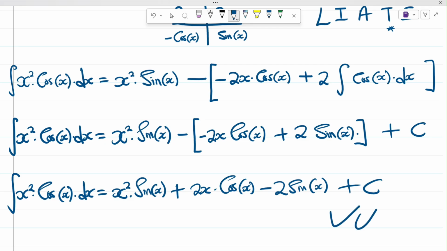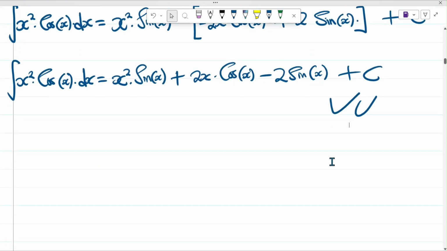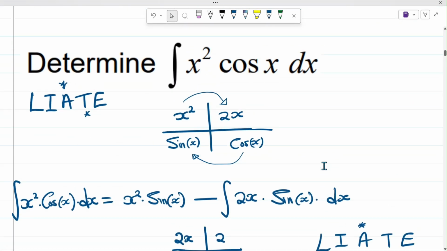Then ta-da, you're done. You got your answer. So that's how it's supposed to be done for integration by parts. So that's basically integration by parts.